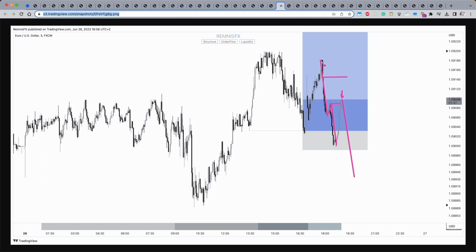Perhaps even a mitigation here, instead of going immediately to the downside from here like that, right? It will perhaps do this, right? And these are definitely correct concepts.